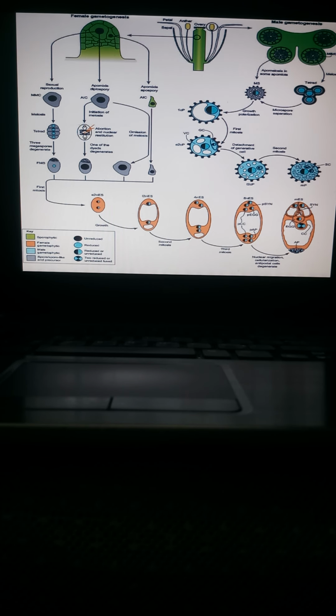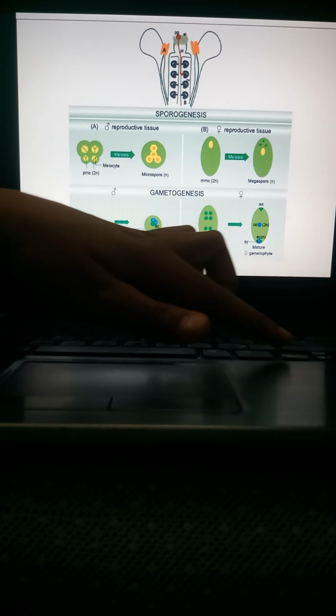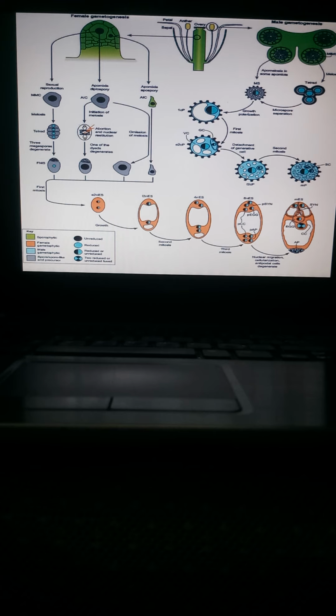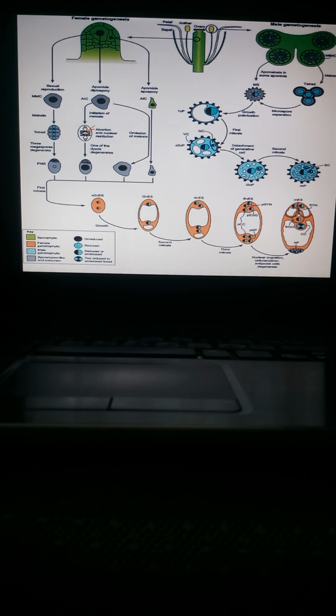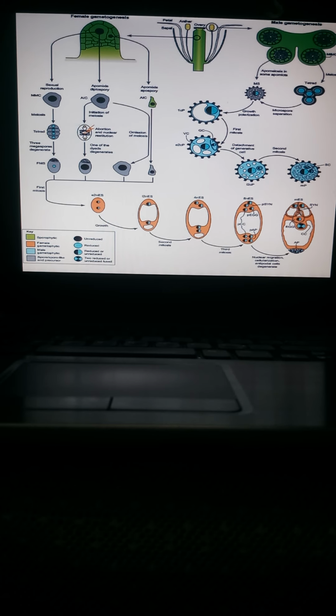This is just an overview of how reproduction takes place in the angiospermous flowering plants. As we can see here, this structure is the sporophytic structure of the female plant, and this structure is the sporophytic structure of the male plant. This shows the ovary and this shows the anther. These are the four microsporangia which we will be discussing later.